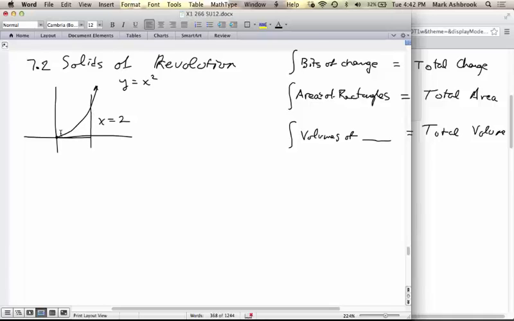So we start with this region here: y equals x squared, x equals 2, and the x-axis. And then we're going to revolve around the x-axis. So it's going to be this region in here.